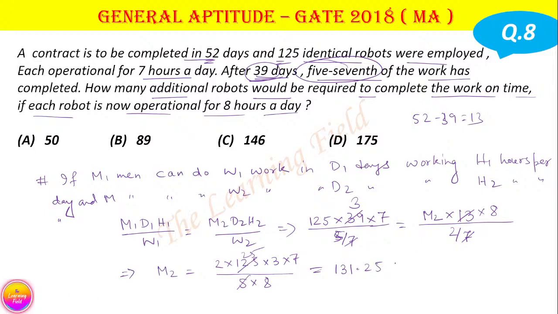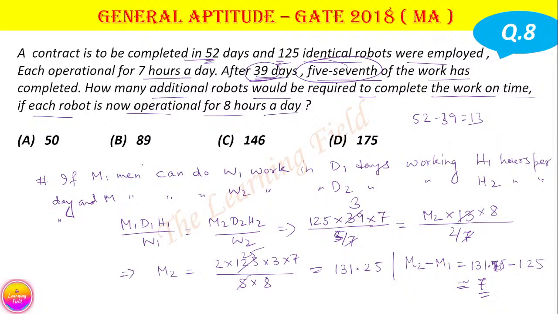So the number of remaining robots, that is M2 minus M1, is 131.25 minus 125, which is nearly equal to 7. So 7 is the correct answer, but there is no option 7.